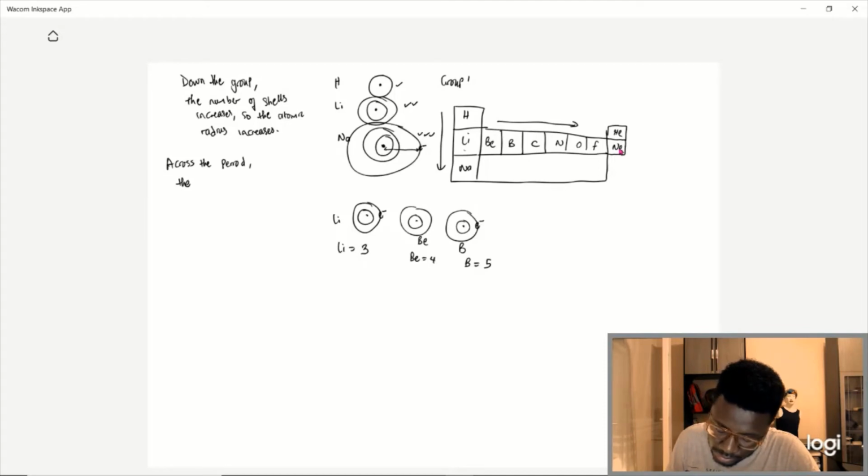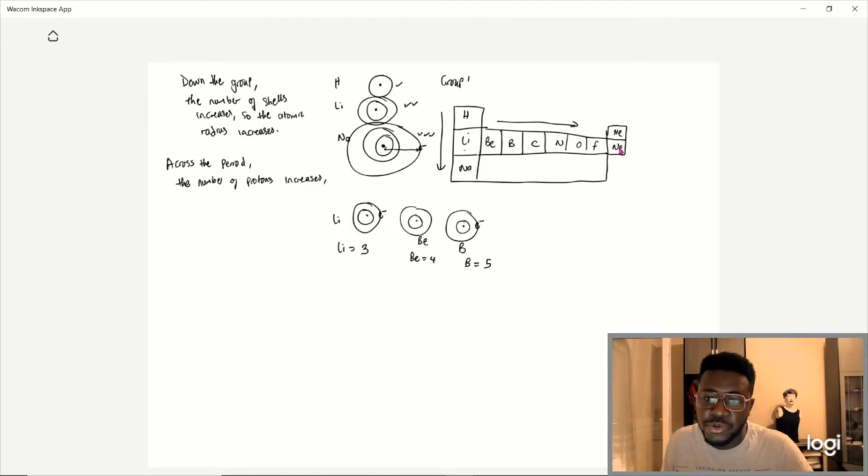So we see across the period, the number of protons increases. As the number of protons increases, the total positive charge in the nucleus increases. And so the attraction between the proton and the outermost electron, this attraction is called the nuclear charge, it's going to increase.